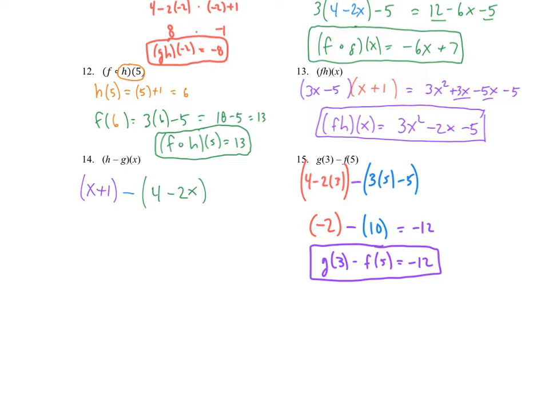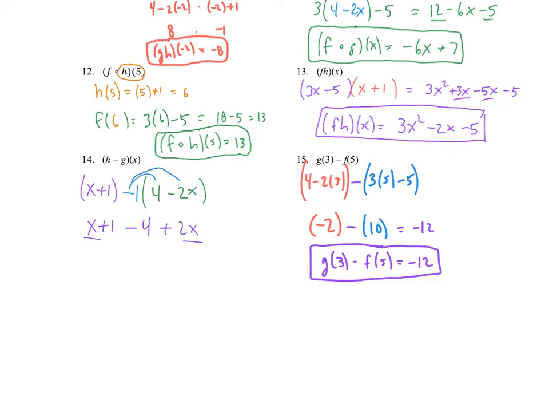So this idea of not just in front of the, we're not multiplying these two things together, we're subtracting them. So in front of the purple parentheses, there's a positive 1 to distribute, but in front of the green parentheses, there's a negative 1 to distribute. So if we think about it that way, this would become x plus 1 minus 4 plus 2x now.